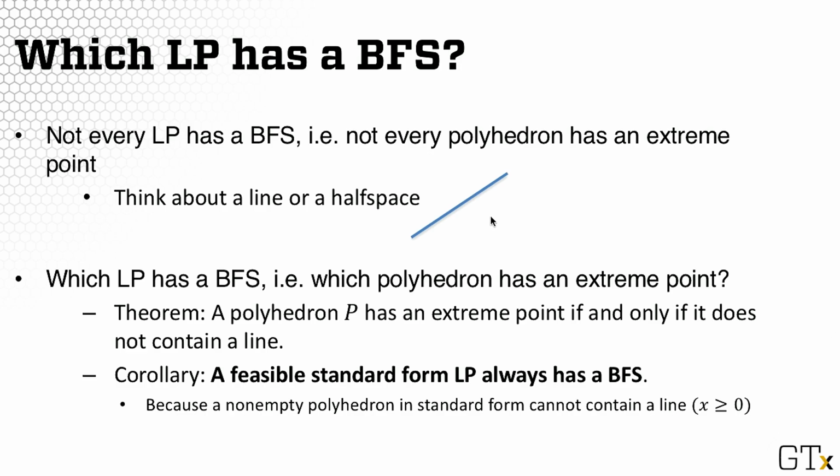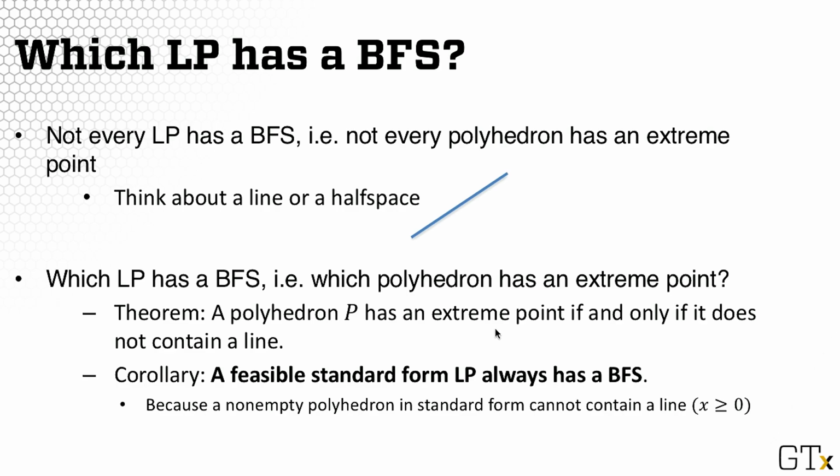So these two examples are polyhedrons that actually contain a line, right? So the theorem says that's the only case where a polyhedron does not have an extreme point. So all other cases, when the polyhedron does not contain a line, that polyhedron must have at least one basic feasible solution, equivalent at least one extreme point.